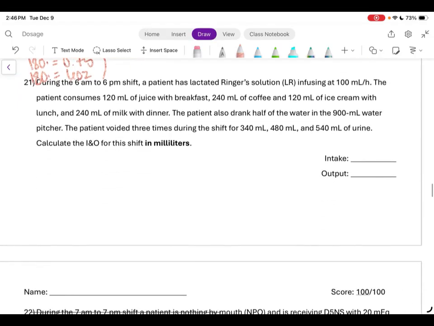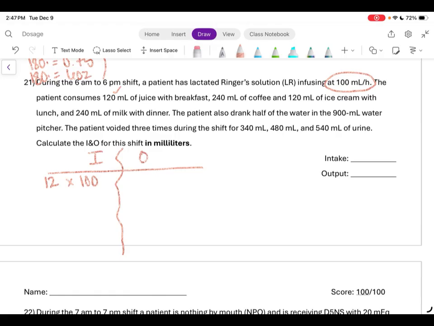Let's keep going. Again, I'm gonna set up my table. Let's see, we've got some fluids running at 100, and they're gonna run for the entirety of our shift, so for 12 hours.